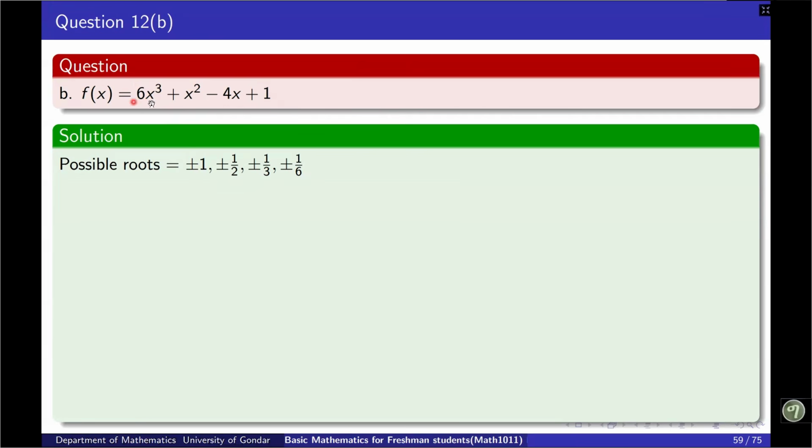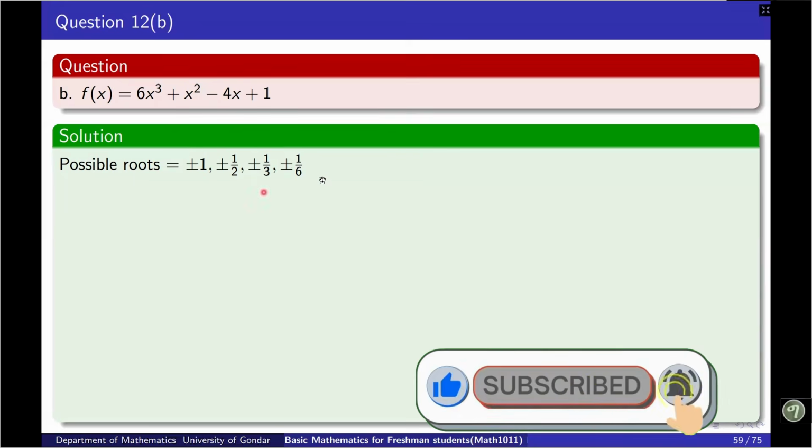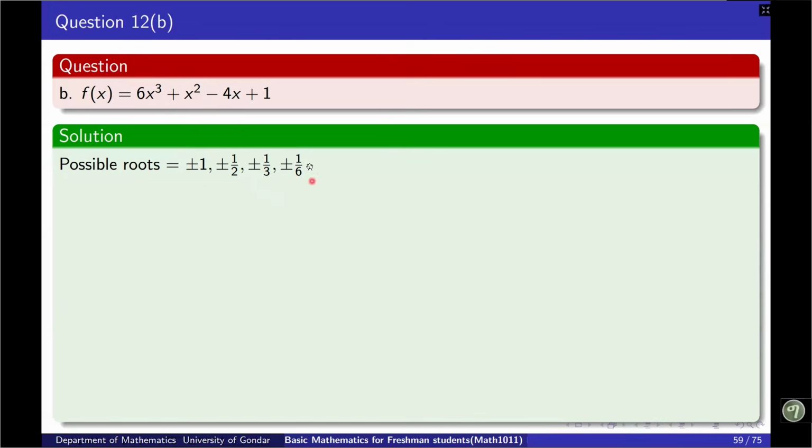Therefore, if all the roots of this polynomial function are rational, the roots can never be outside of these rational numbers. In order to distinguish which rational number is a root, let us test for x equals 1 over 2. We know that f of 1 over 2 is, if we substitute, 3 over 4 plus 1 over 4 minus 1 plus 1, which is already 0.